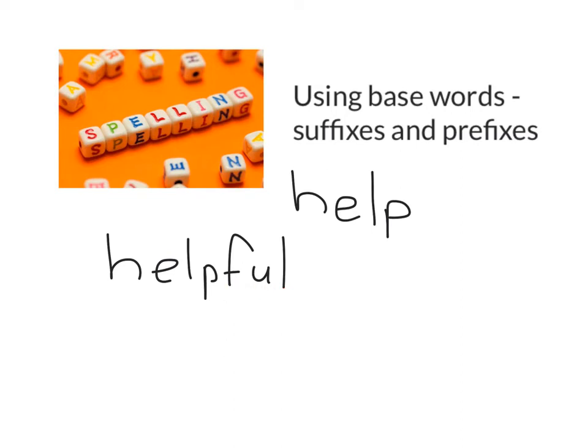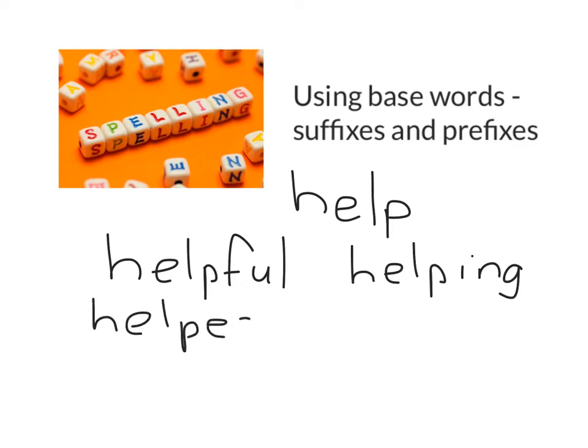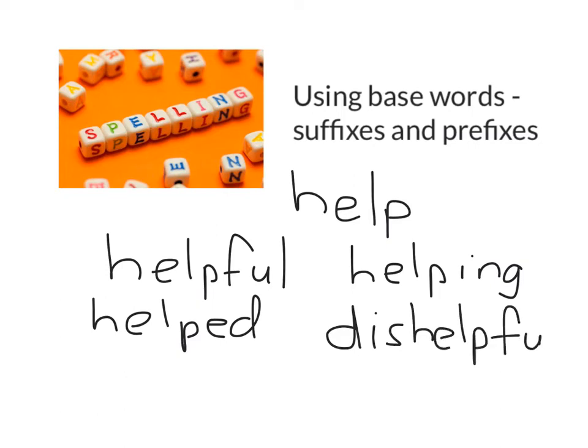I can also use it to help me write the word helping and helped. And I can use my knowledge of how to write the base word help when I'm going to add on a prefix, like if I have to write the word dishelpful, I can put dis in front.